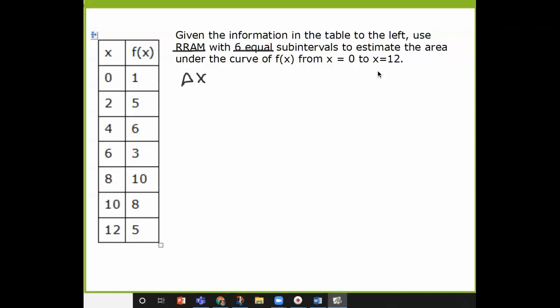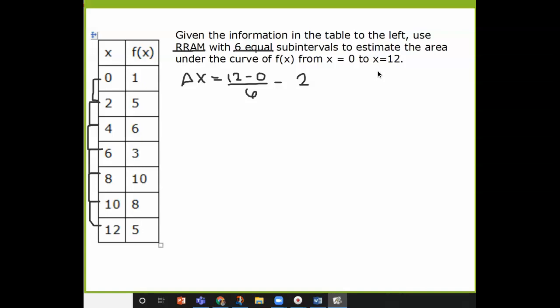So my delta x is 12 minus 0 divided by 6, which gives me 2. So that tells me that each of my rectangles is going to have a width of 2. And this table is set up nicely so that each of them are equally spaced. We might have tables in the future that are not equally spaced, so then your delta x is going to be changing for each width of the table.